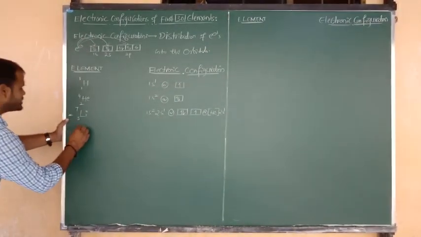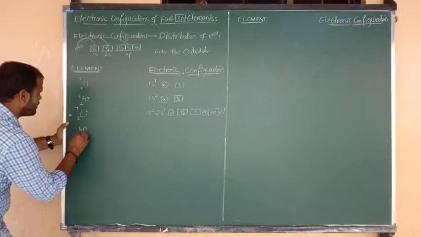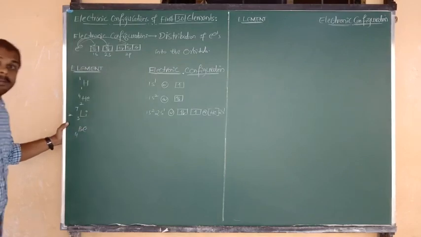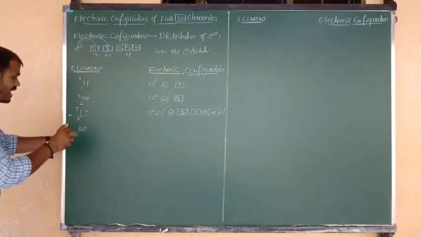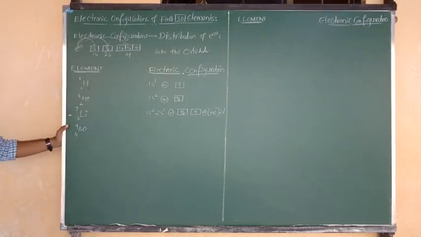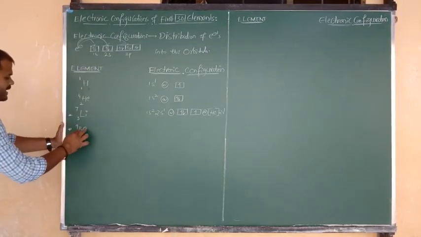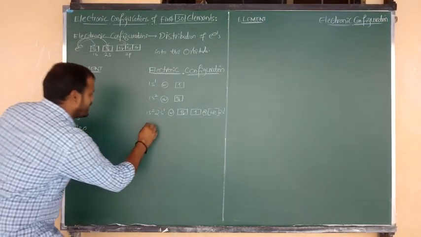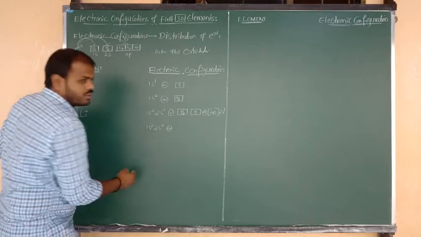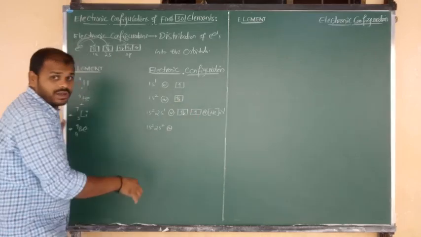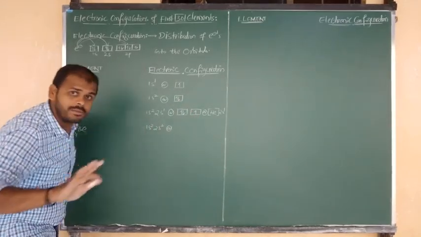Good. So next one is what? Beryllium. Atomic number is 4, mass number double plus 1, so we have to say 9. Here 4 electrons are there, so we can write the electronic configuration 1s2, 2s2, here 2 electrons, here 2 electrons, like that you can continue the orbital notation.